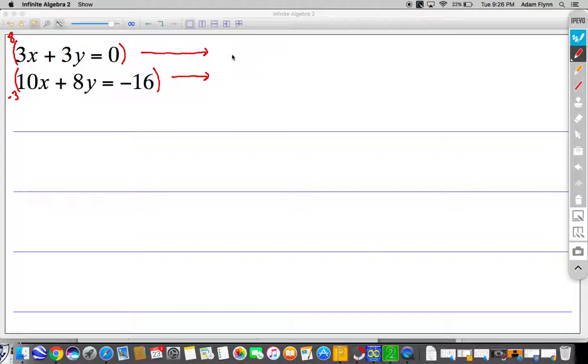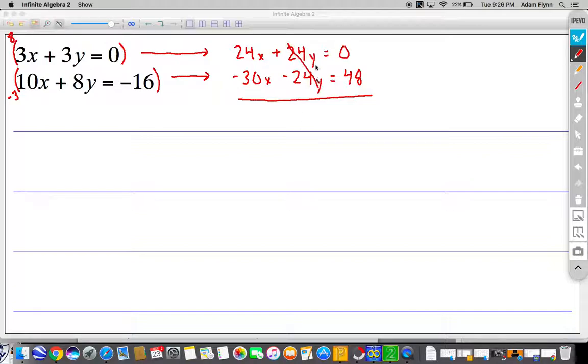So when I do that, taking a look at my top, I have 24x plus 24y equals 0. In my bottom equation, I have -30x minus 24y equals 48. So now I can combine.